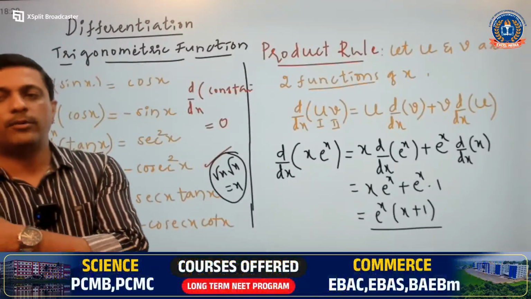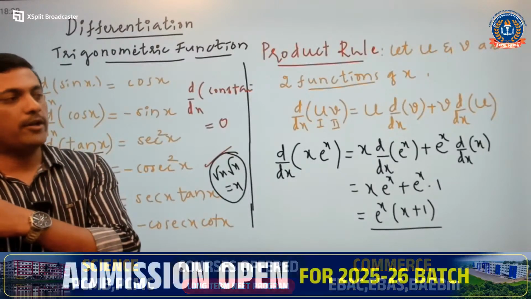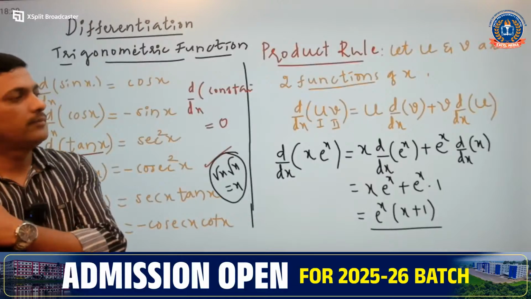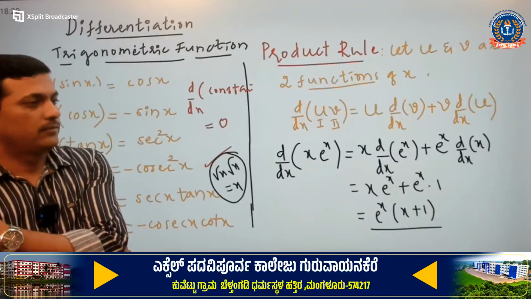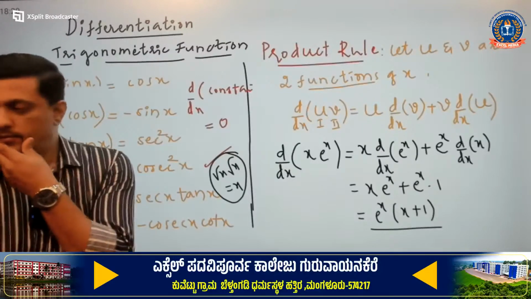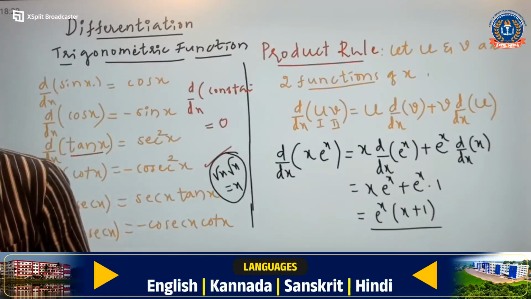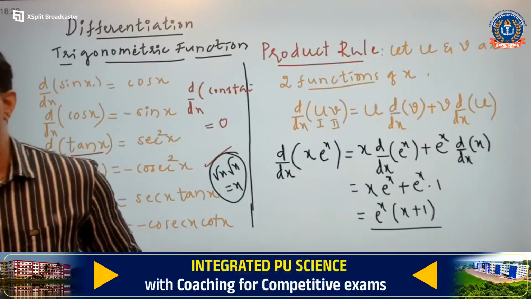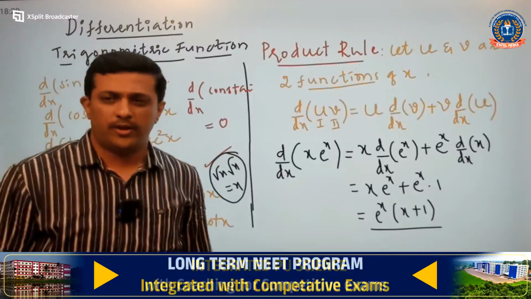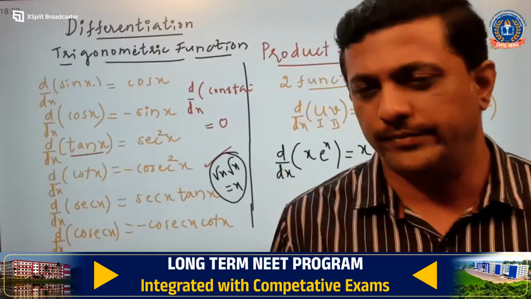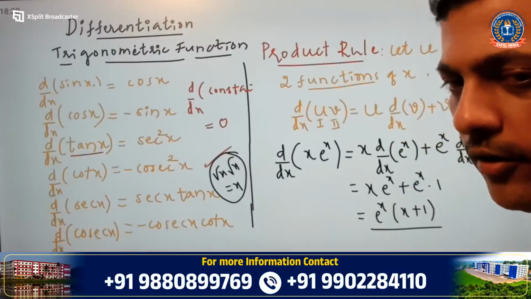Come quickly, let's do one more problem. Let's do trigonometry problems now. No, it will be there, don't worry, it will come like that sometimes. It's a network issue, don't worry, we'll take care of that.